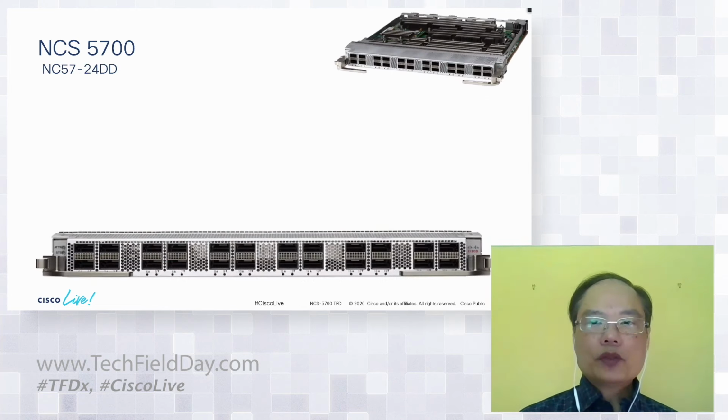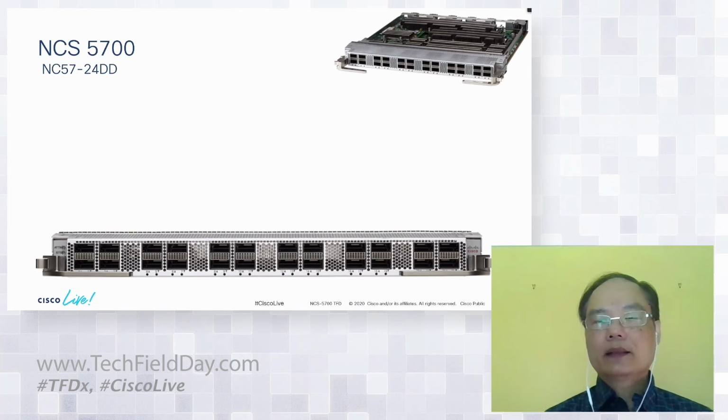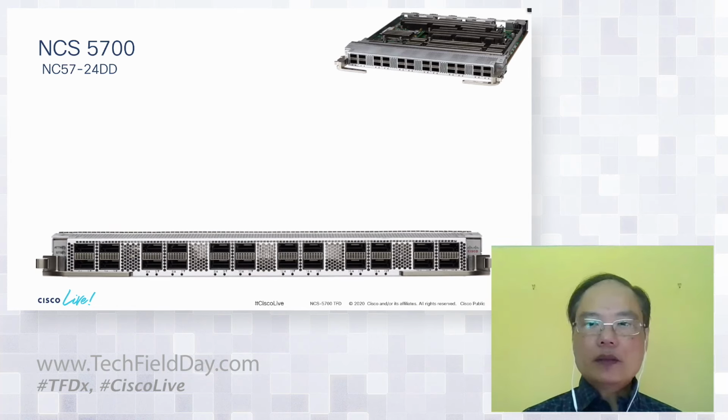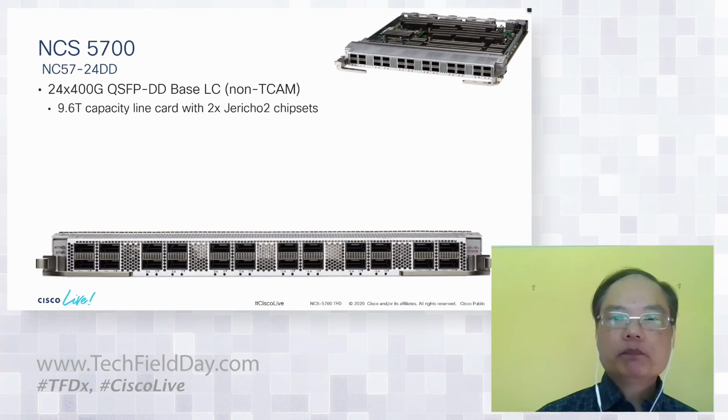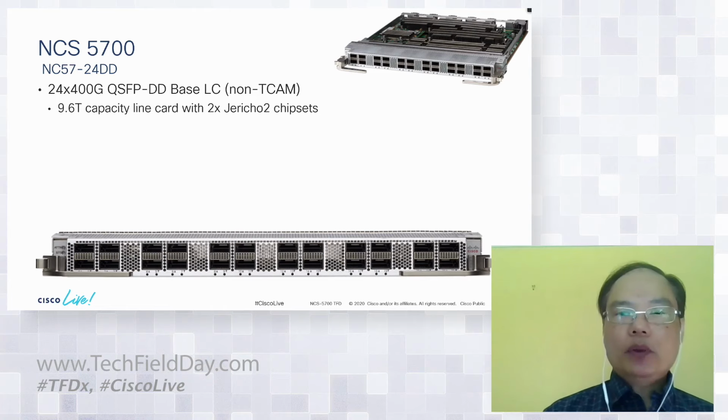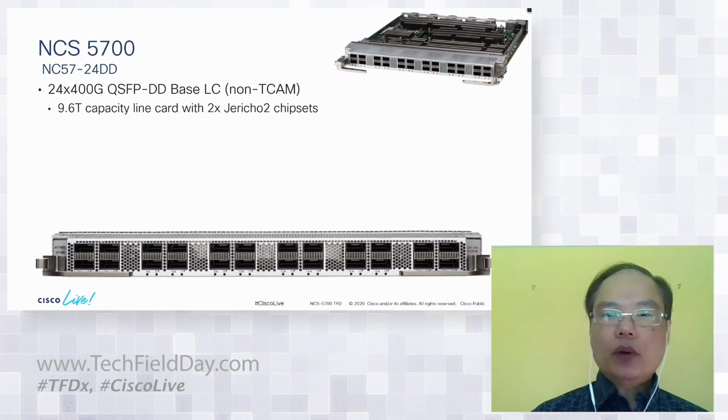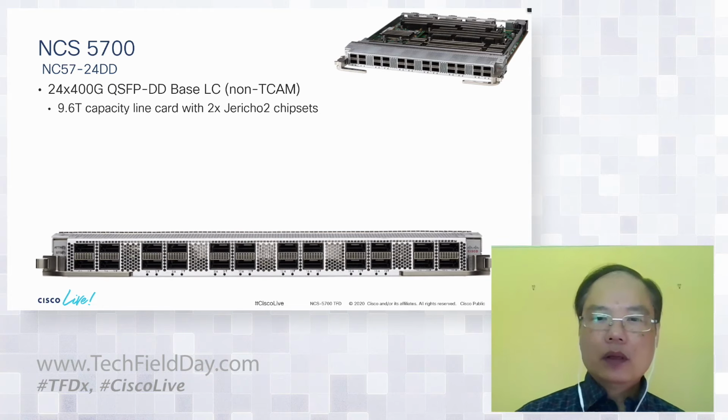Let me introduce the first Jericho II based line card, NC57-24DD. It is a base line card without external TCAM, and it supports 24 400 gig interfaces with QSFP-DD form factor on the front panel.